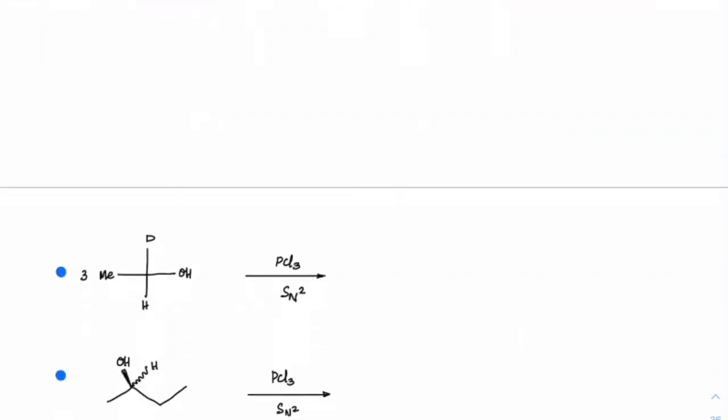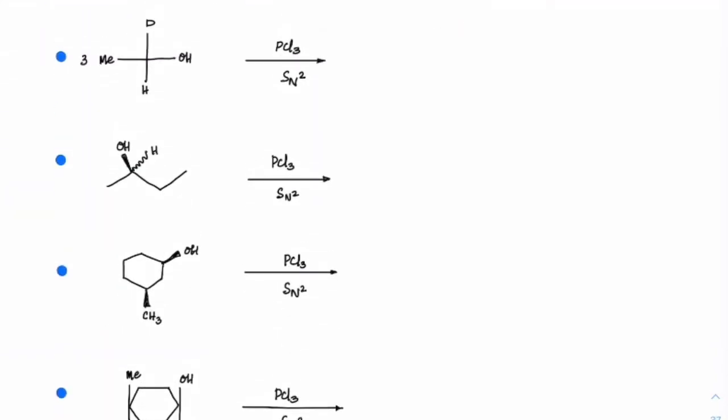Right. Check these questions now. Those who have finished, just try these questions. So all of them are going to go for the SN2 mechanism. Make a practice of it. See, every 3 moles will give you 3 moles of alkyl halide, and it should be an inverted product.